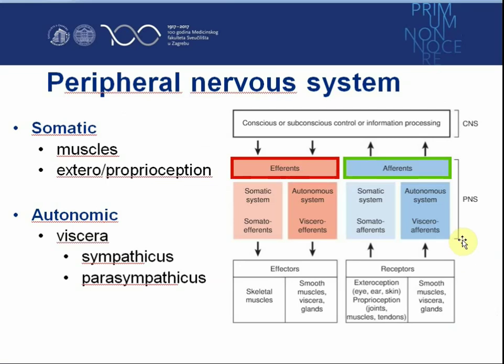I will first remind you of the division of the peripheral nervous system into the somatic part, involved in voluntary motor activity and conscious recognition of bodily sensation, with which you have already become acquainted while studying the locomotor system.